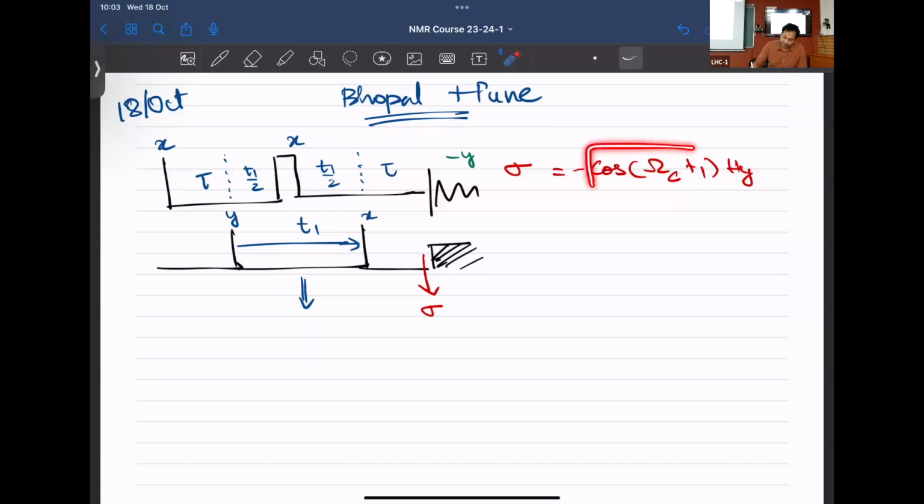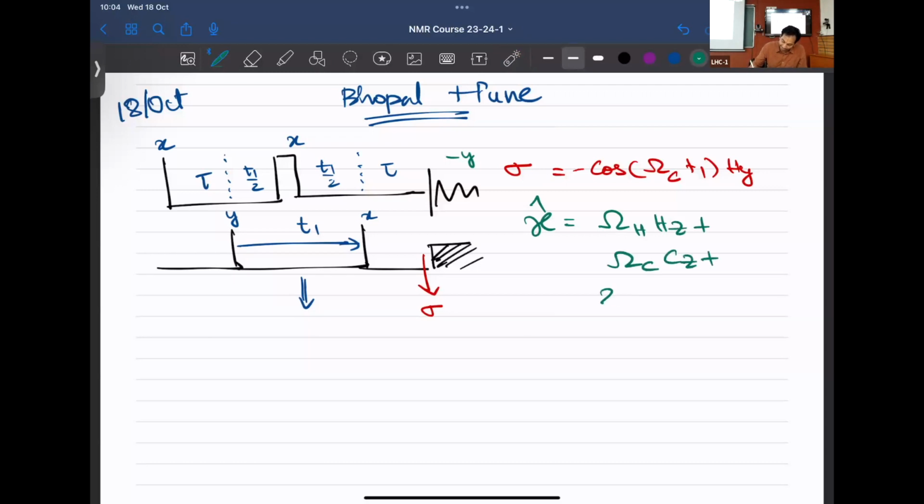The important observation here is that the density matrix has a cos of omega C T1, meaning that during the acquisition time now, the available parameters that might end up evolving are proton chemical shift, carbon chemical shift, and the scalar coupling between proton and carbon.